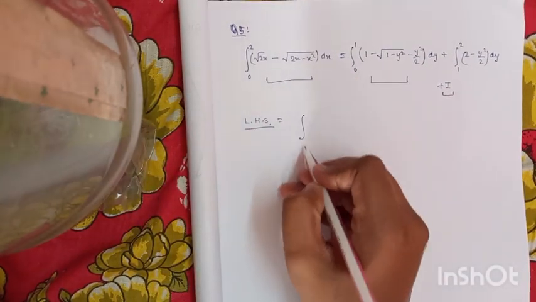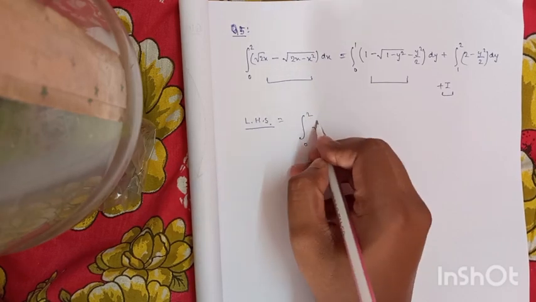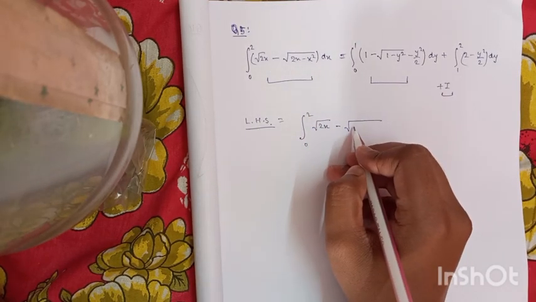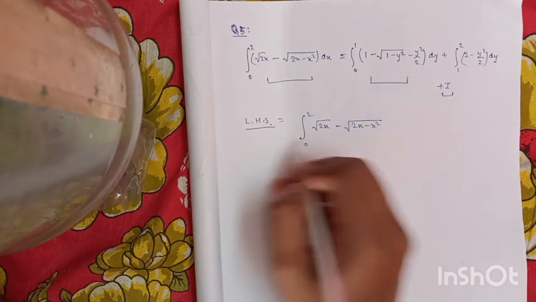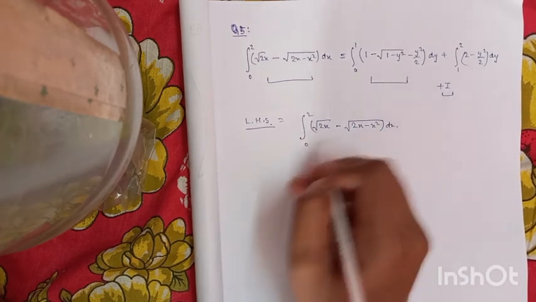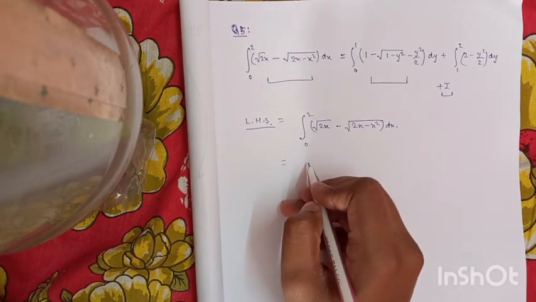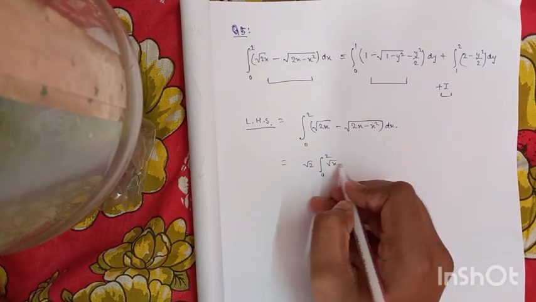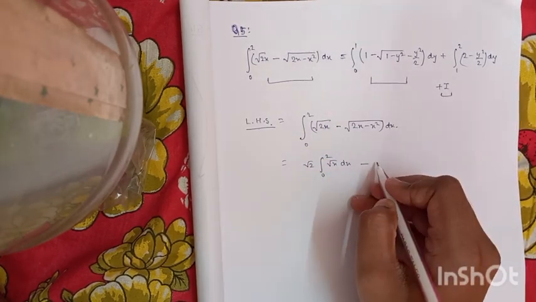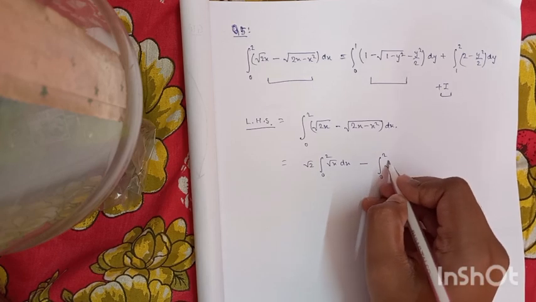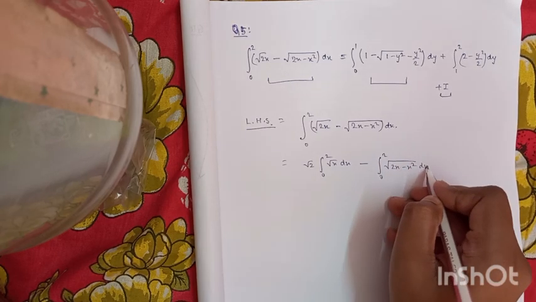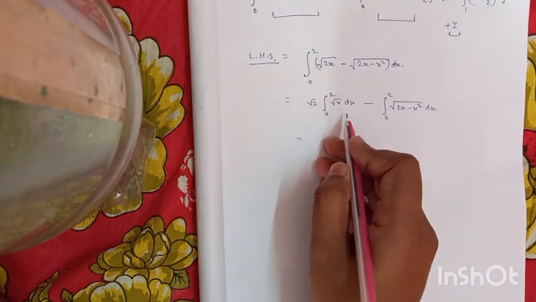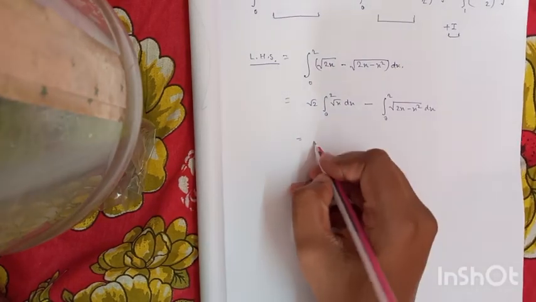So LHS is the integration from 0 to 2 of root over 2x minus under root 2x minus x square times dx. So this can be split into 2 integrals like this. Now the first integral is quite simple.